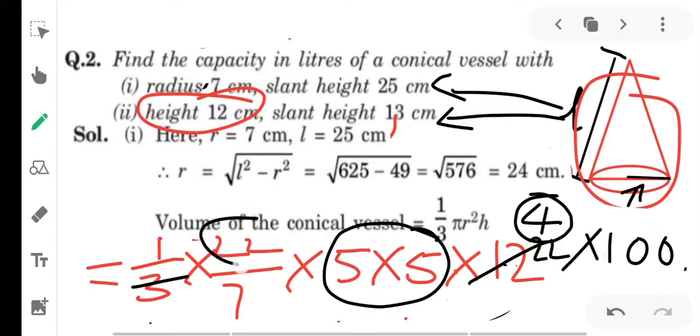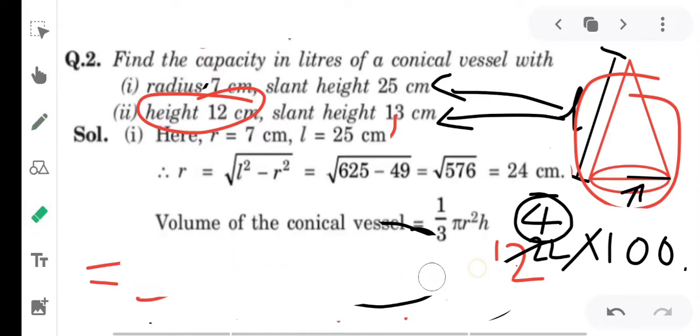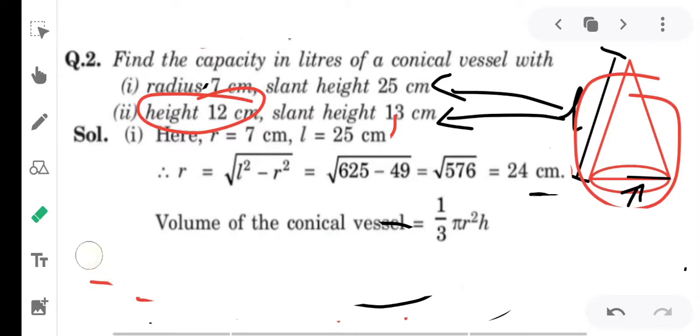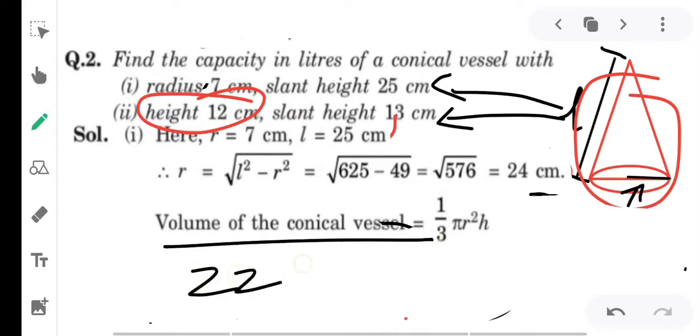Because 22 is remaining value over here, right? So 22 and 100 कितना हो जाएगा, 2200, right? So simply we can write the answer, that is the 2200 centimeter cube, right? So here the volume of the conical vessel is 2200 centimeter cube, right?